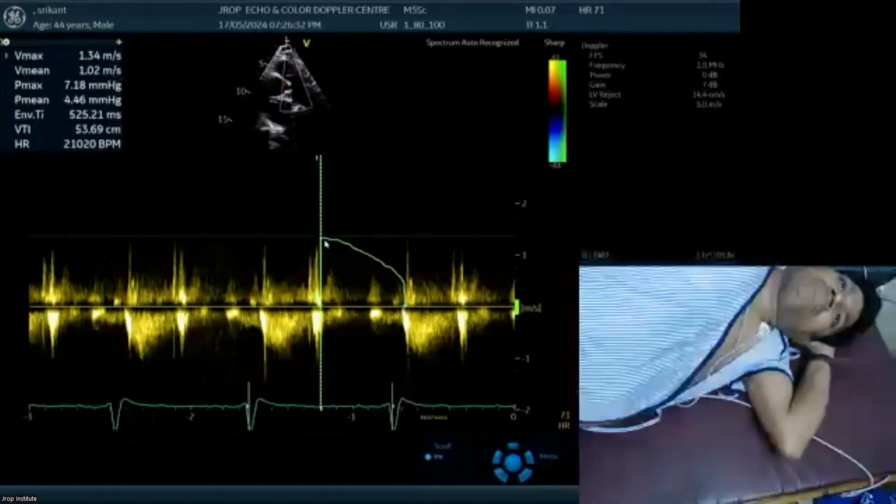Not normal, this is mean pulmonary artery pressure. 16 plus RA pressure, which will be the same 5, so 21 millimeters of mercury mean pulmonary artery pressure. That's how we decide from PR jet gradients.